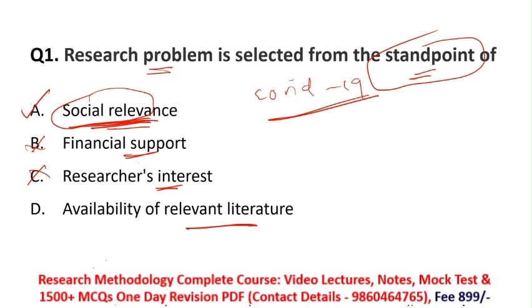So option D here is also incorrect. For this question, the correct answer is option A, social relevance. Okay, next.